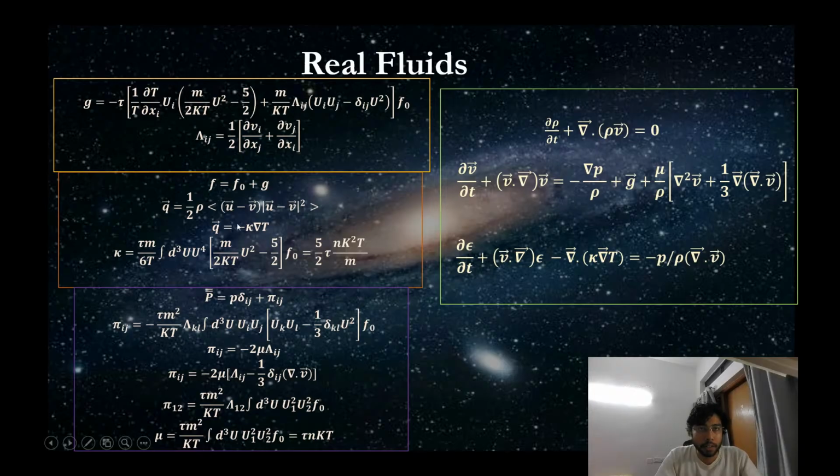If it gets multiplied with this term, this might become an even term, so then the integral might not be zero. Whereas in the second term, there is only ui, uj, and u square.